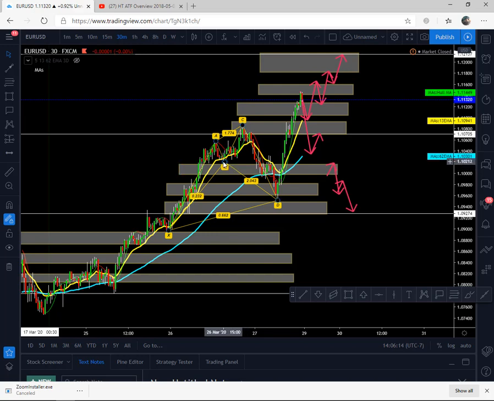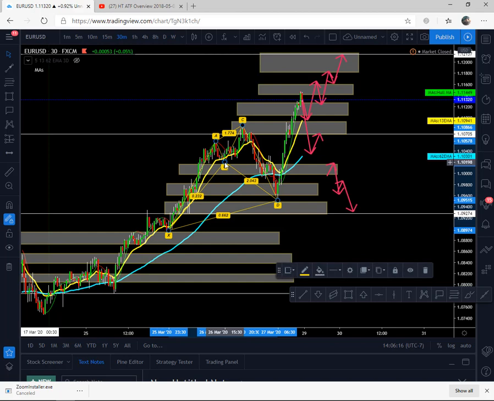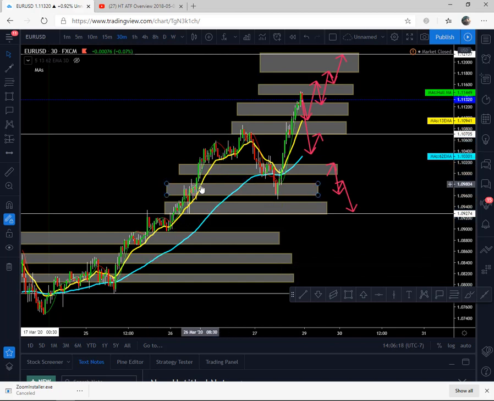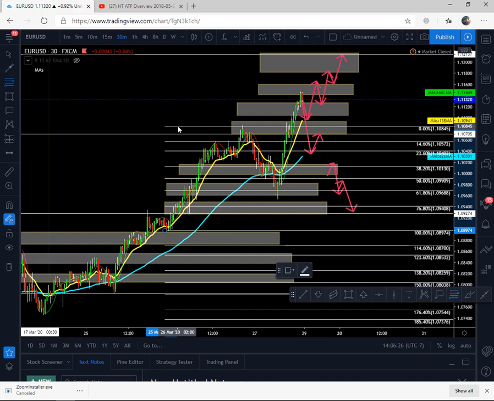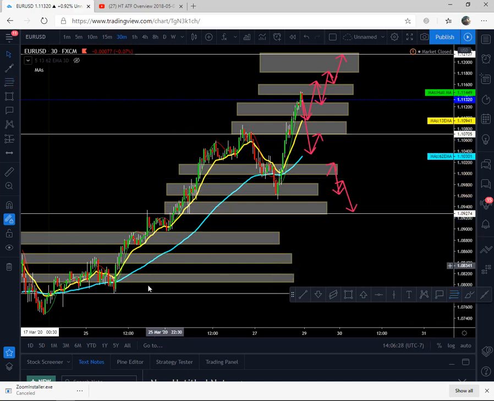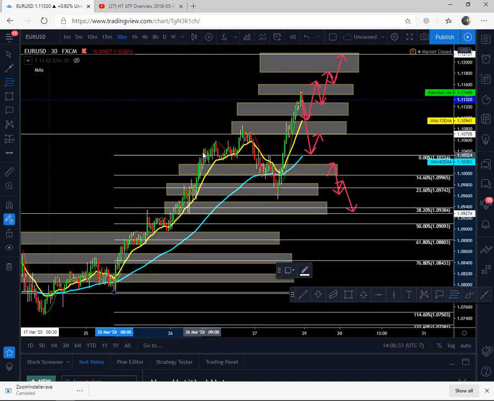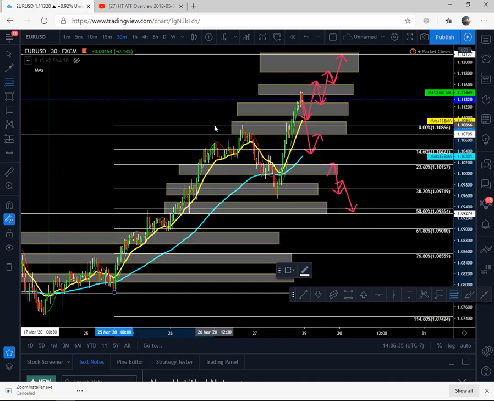I also see a potential cipher. So this could be a potential cipher.